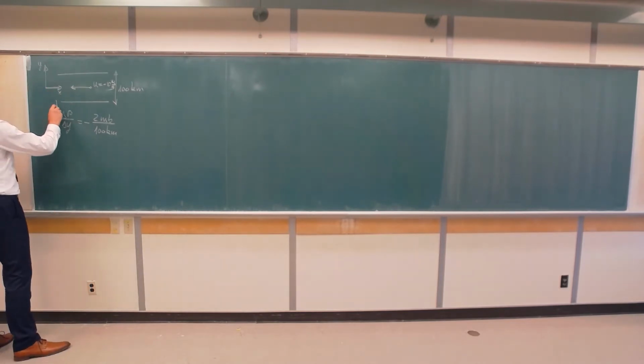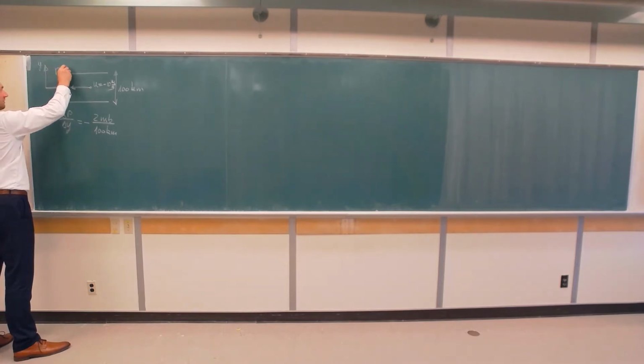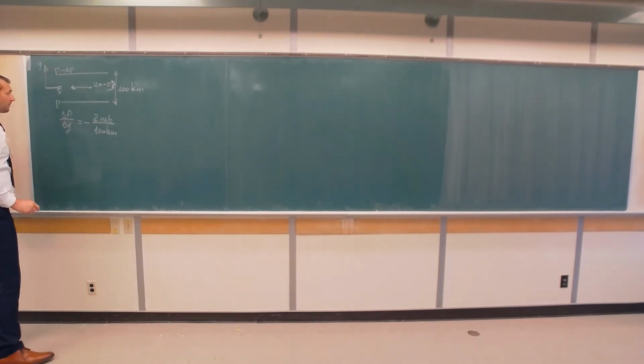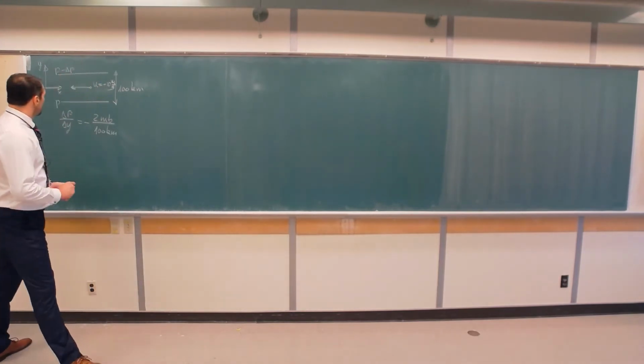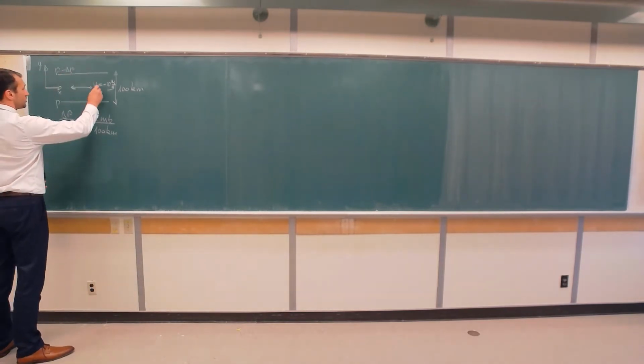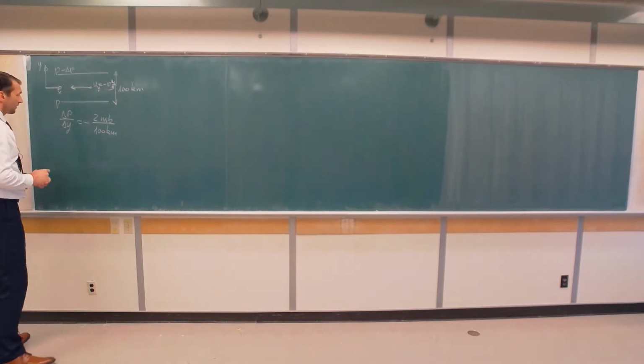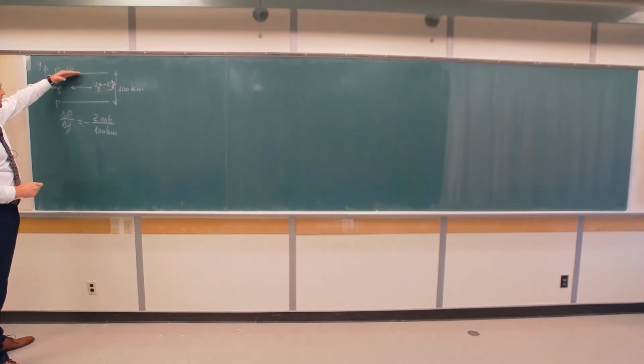Negative because this is the positive zonal direction X. So we see that here we have P and here we have P minus delta P, which means we are in the Southern Hemisphere. In the Southern Hemisphere, this geostrophic wind, UG, blows parallel to the isobars, but high pressure is to the left and low pressure is to the right.